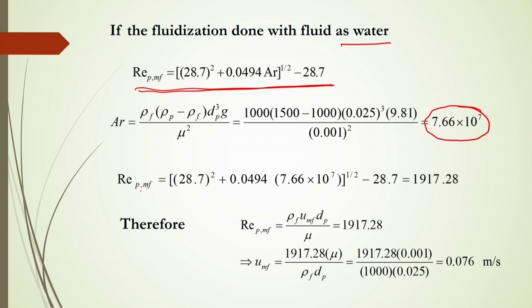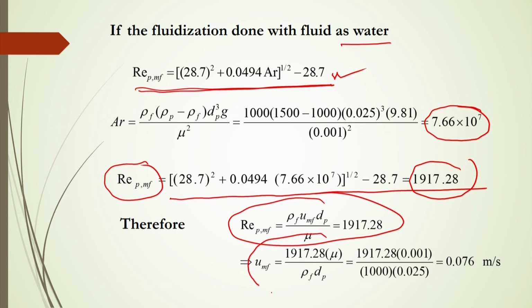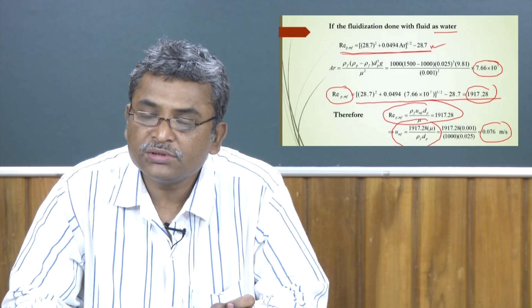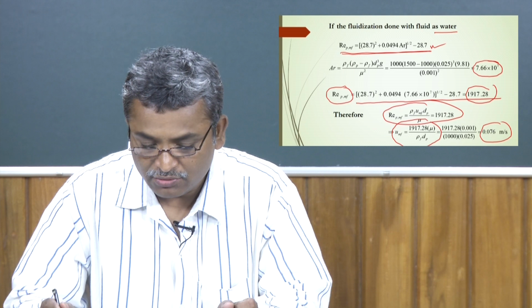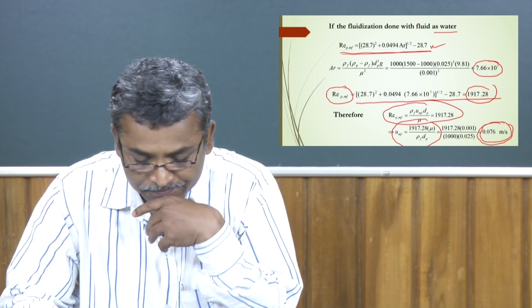If you substitute this Archimedes number in this equation, you can get the Reynolds number at minimum fluidization condition, and from this equation you can calculate the minimum fluidization velocity, and it is coming almost 0.076. What we observed from this is that if we use water instead of air, the minimum fluidization velocity is drastically reduced, of course, because of the viscosity.